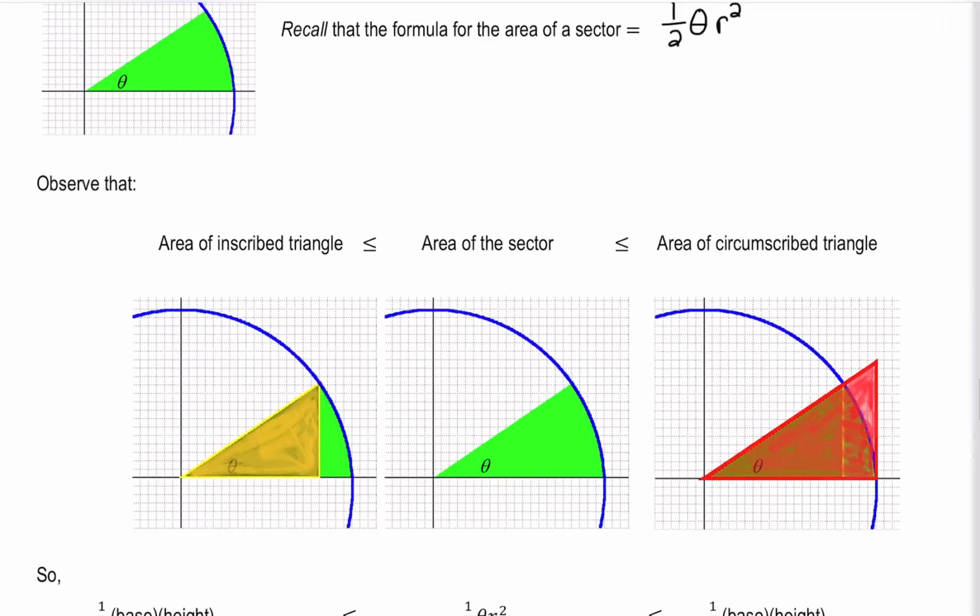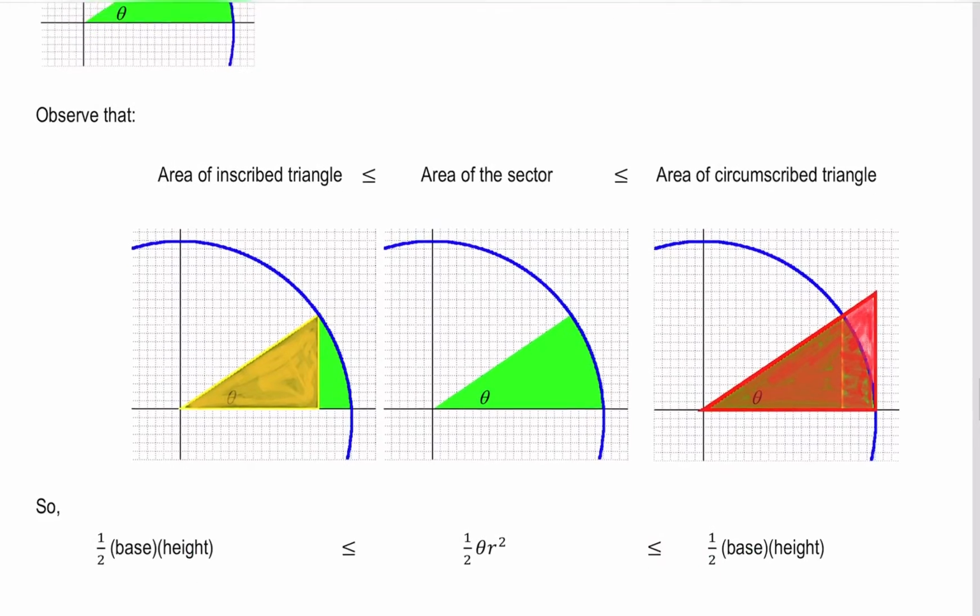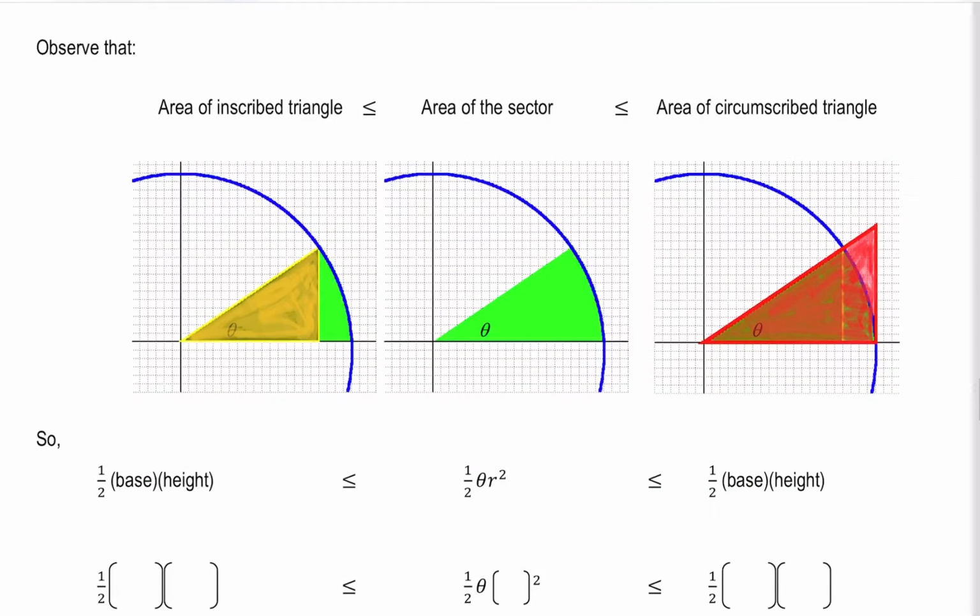All right, so let's think about what we know about the area of a triangle then. So area of a triangle is just 1/2 base times height. We already have our formula for the area of the sector. And so when we think about the unit circle, on that area of the inscribed triangle, this is my base of this triangle, and of course this is the height of this triangle.